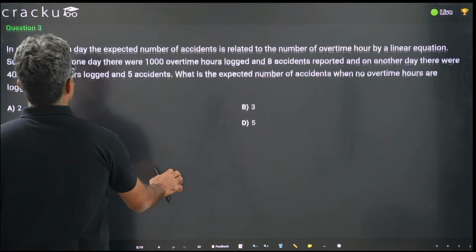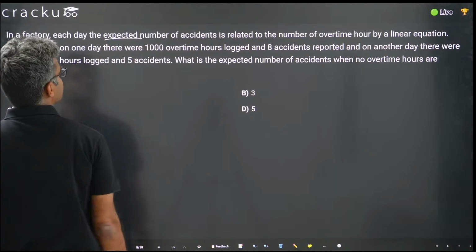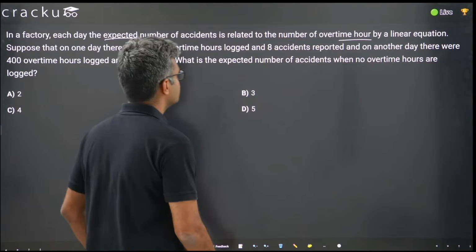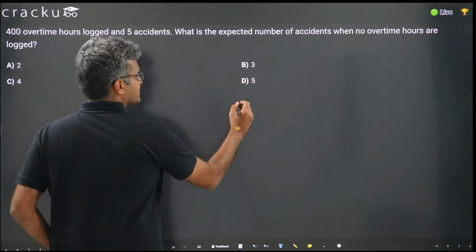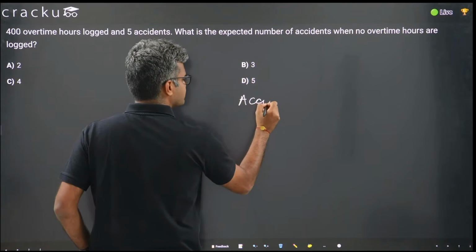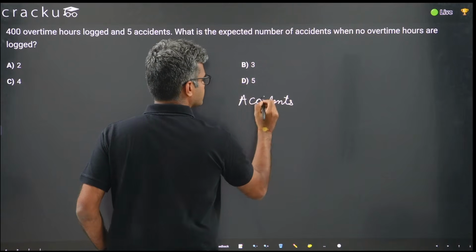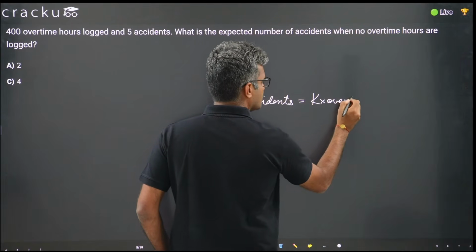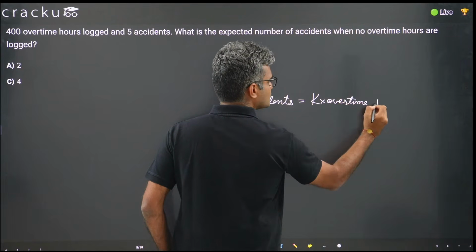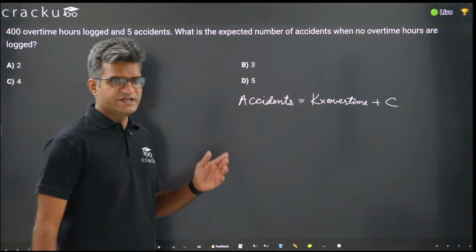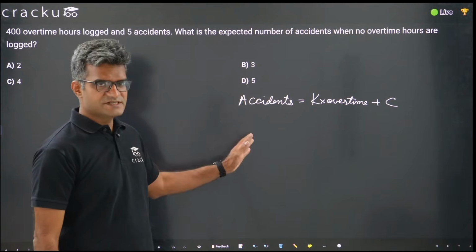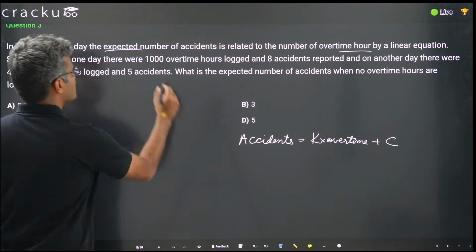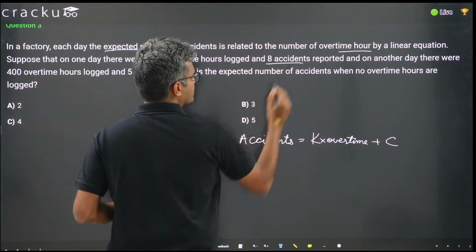Okay. In a factory, each day the expected number of accidents is related to the number of overtime hours by a linear equation. So let us assume that the number of accidents is equal to k into overtime hours plus some constant c, because this is how a linear equation looks. Number of accidents is linearly dependent on the overtime hours. Now we are told that if there are 1000 overtime hours, 8 accidents are reported.